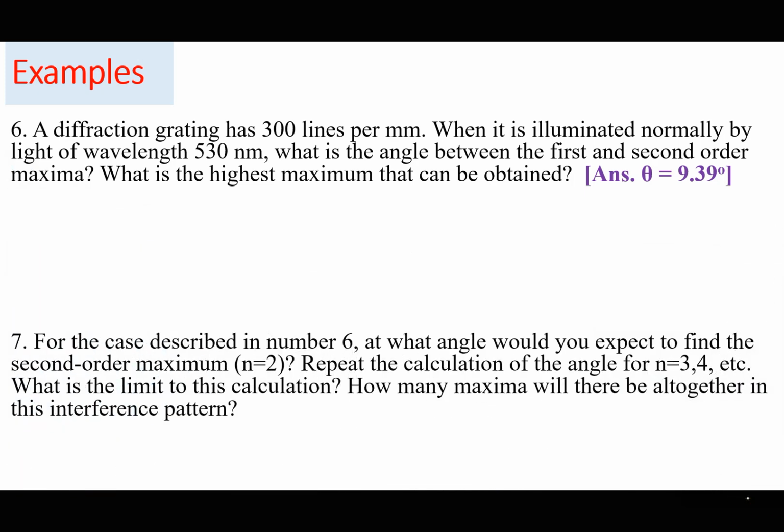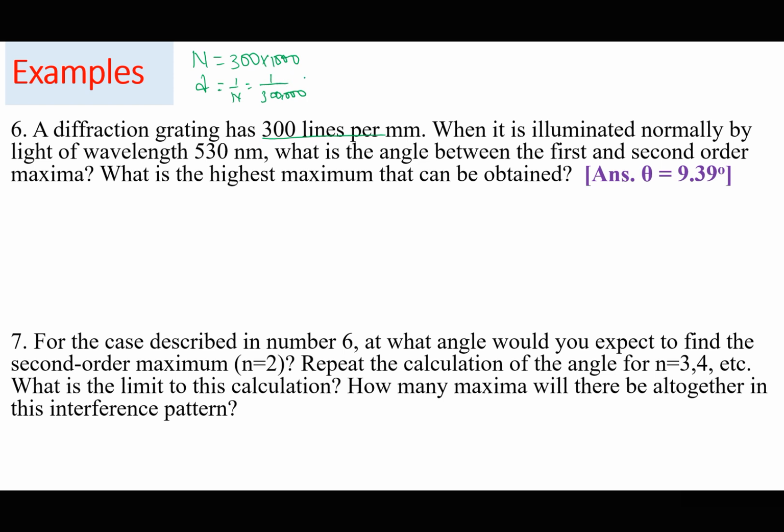A diffraction grating has 300 lines per millimeter. Remember, 1 millimeter is 1,000 meters, so it means capital N is going to be 300 times 1,000. So capital N is always the number of lines per meter. That means if you wanted to find the separation between the slits, it should be 1 over N, which would be 1 divided by 300,000.